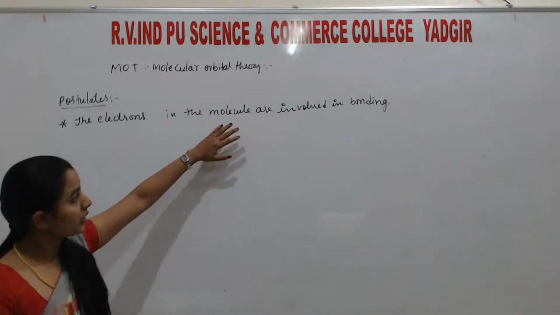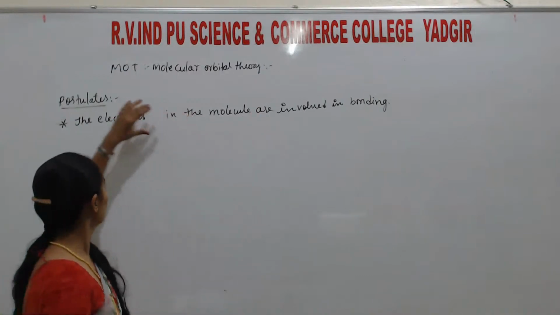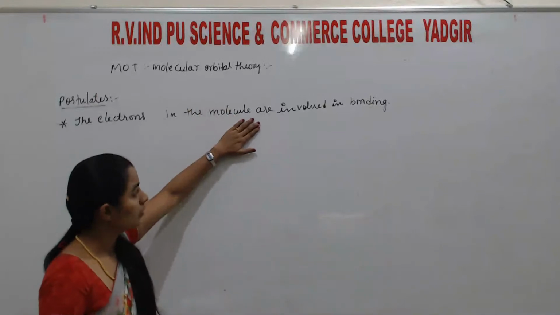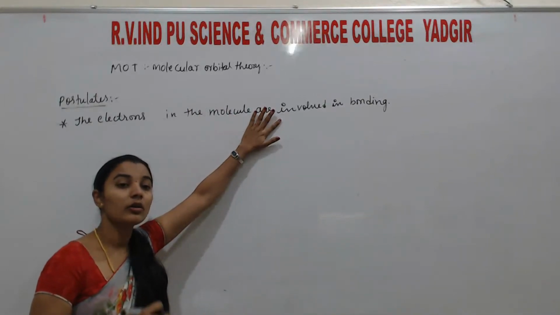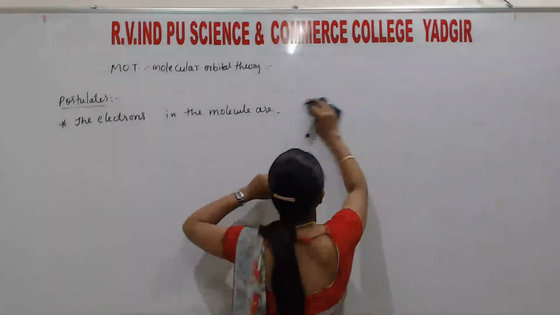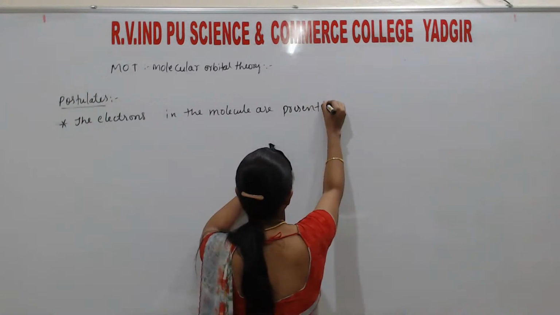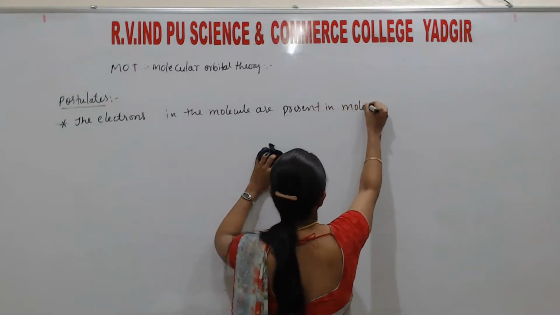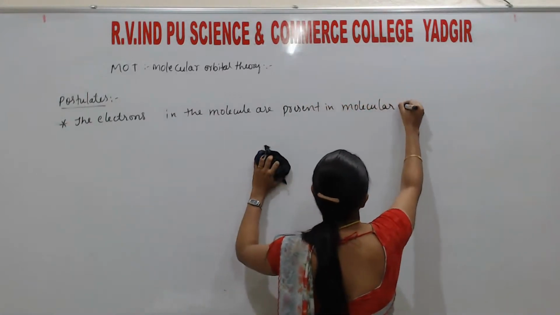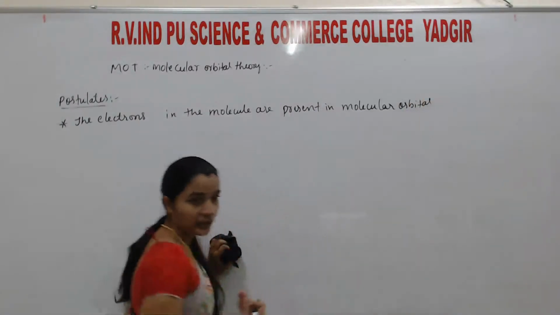You may also take it as: the electrons in the molecule are present in molecular orbitals. You just change this to "are present in molecular orbital." That is the first one. Later I will explain the postulate.